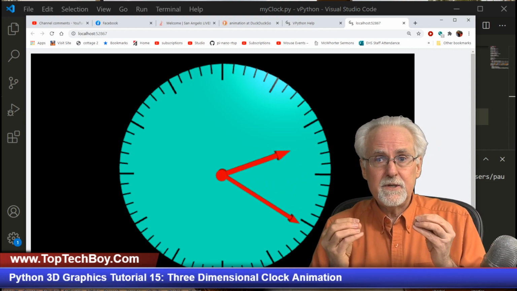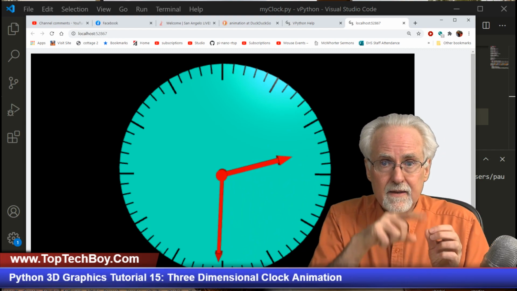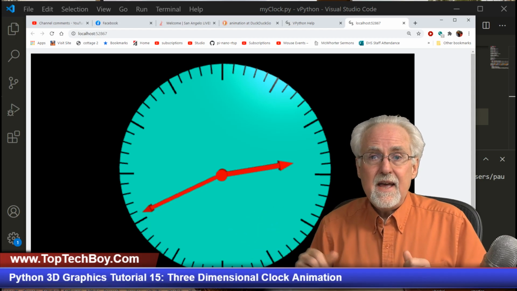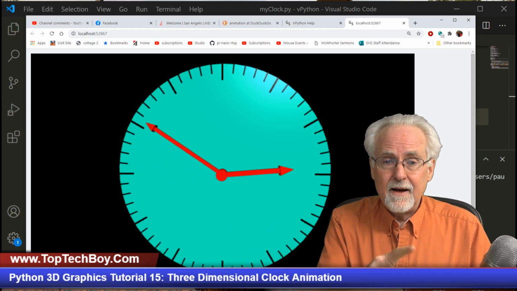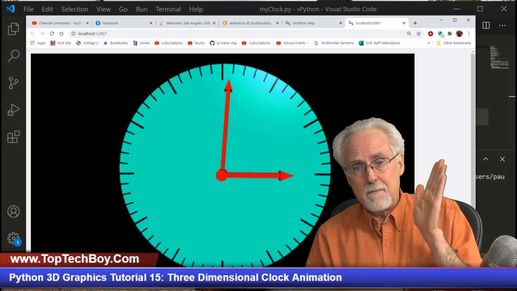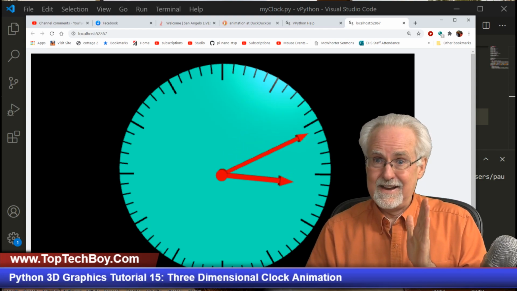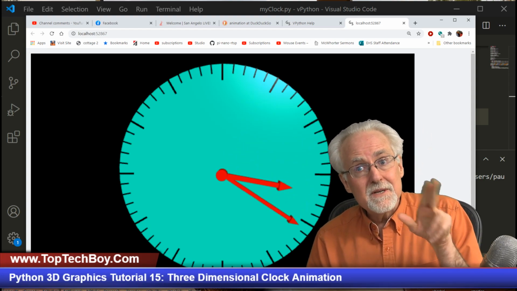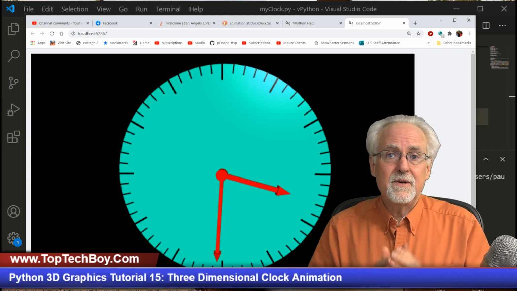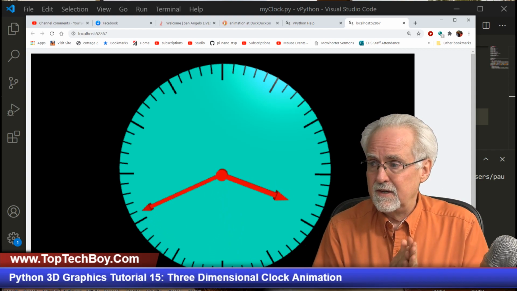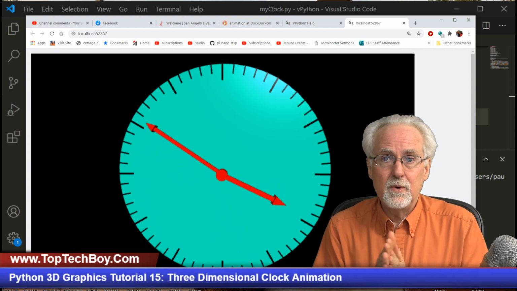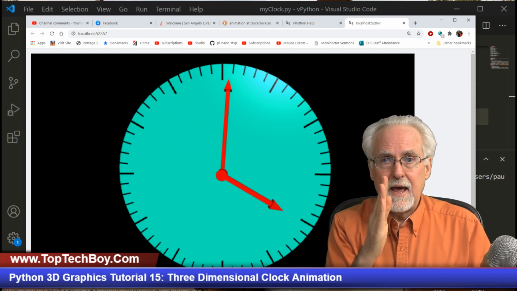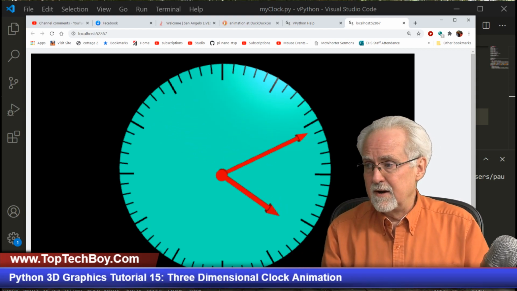But the sine and cosine functions are periodic. They repeat themselves. So even though right now the second hand is not coming up on pi over 2, it's coming up on like 25 pi over 2 because it's gone around a lot, the sine and the cosine are periodic. And so the thing works like a charm without having to worry about what happens when you go all the way back around, if that makes sense.